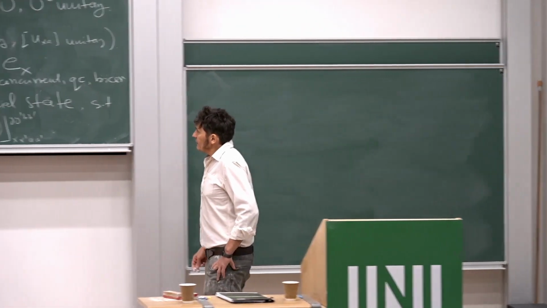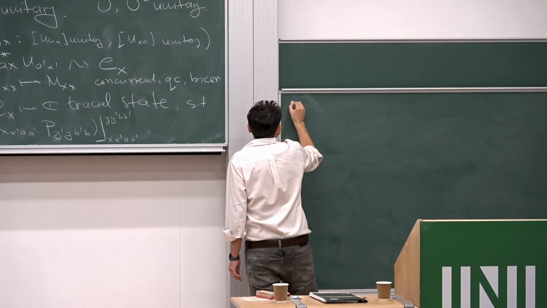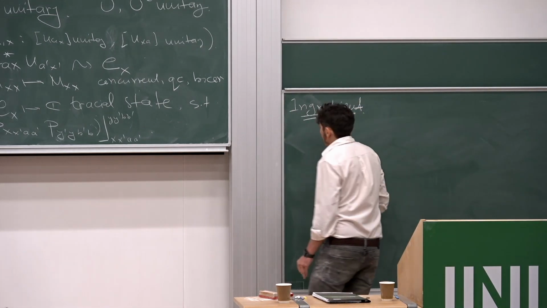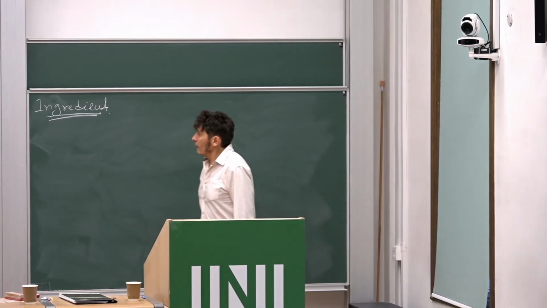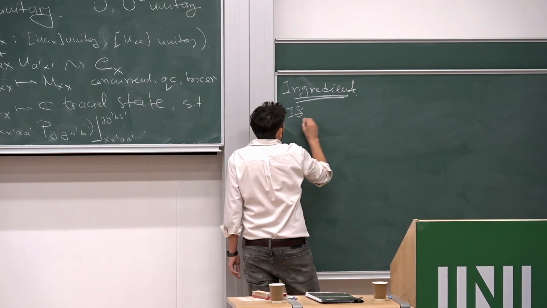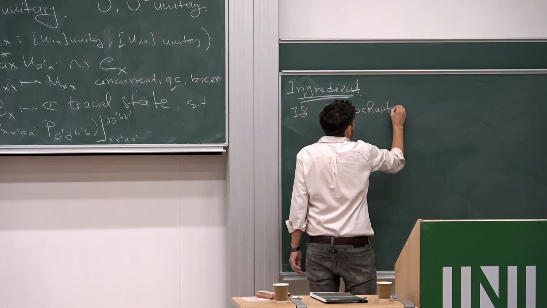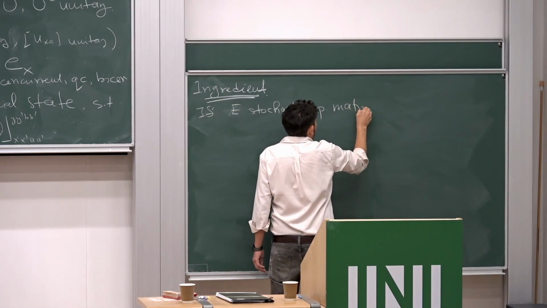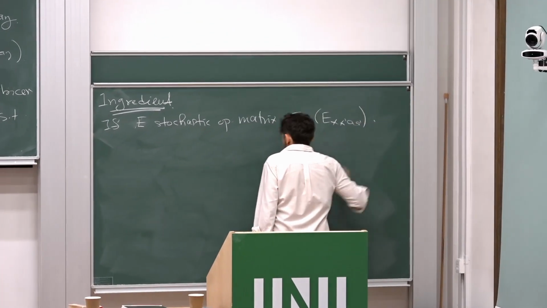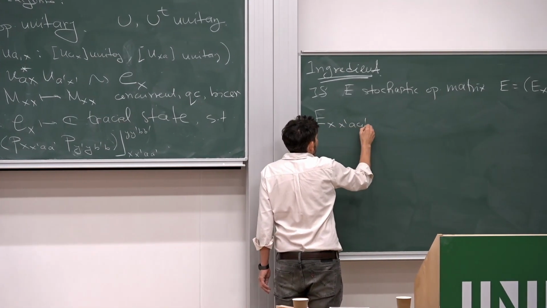So what is lying behind this is the following factorization. One of the ingredients here is the following. If you have, for example, just a stochastic operator matrix, so E is a stochastic operator matrix, so E has some coefficients, x prime, a prime, then you have a pointwise, entry-wise factorization of the following form.